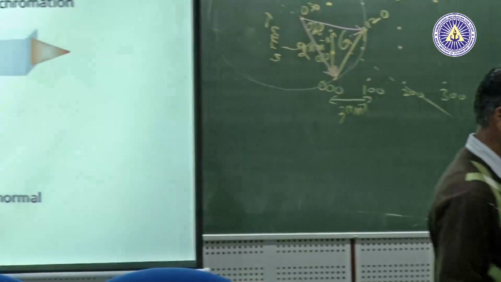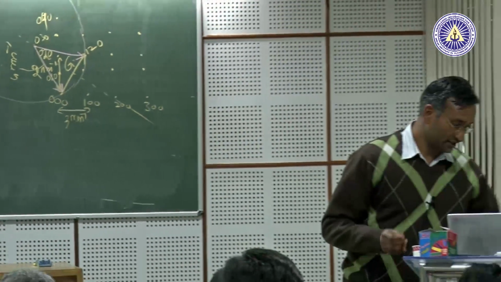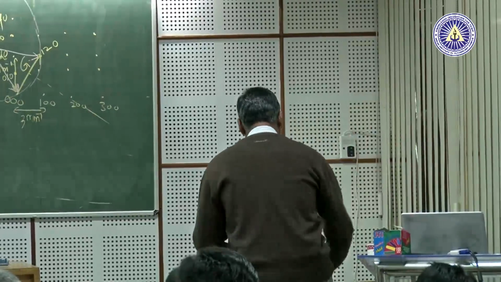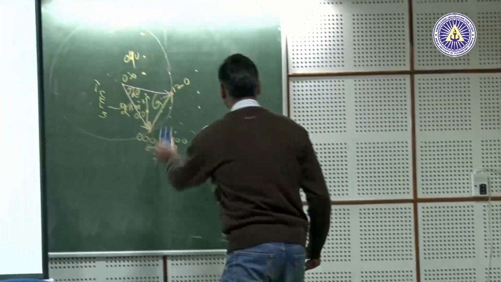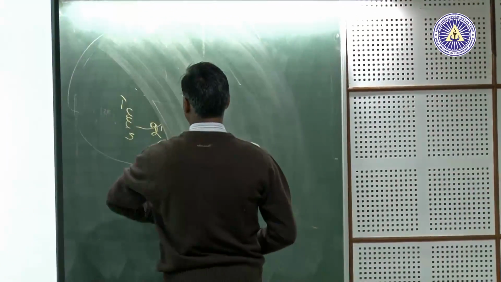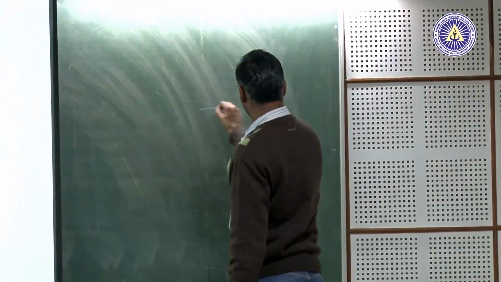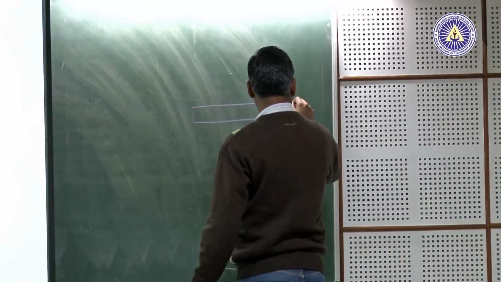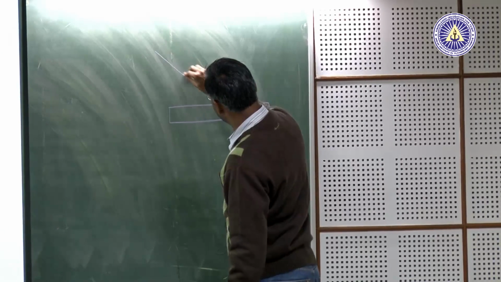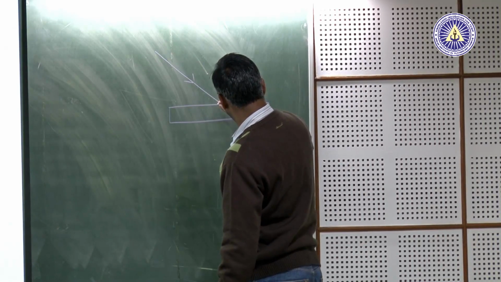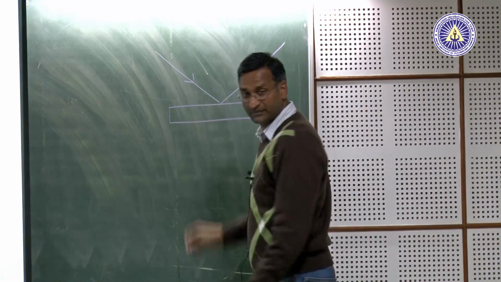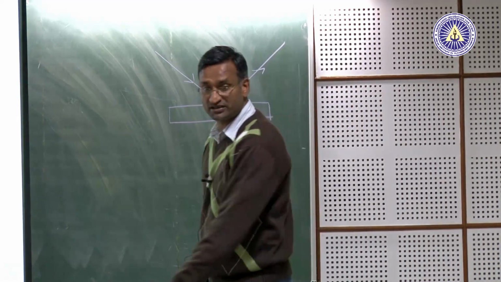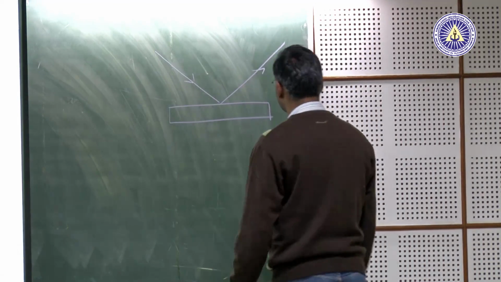The problem with 2 theta geometry is, let me now draw it on the board. If you look at this sample, this is your X-ray beam incoming, this is your diffracted beam, and most of the measurements that we do are in reflection mode, not in transmission mode.